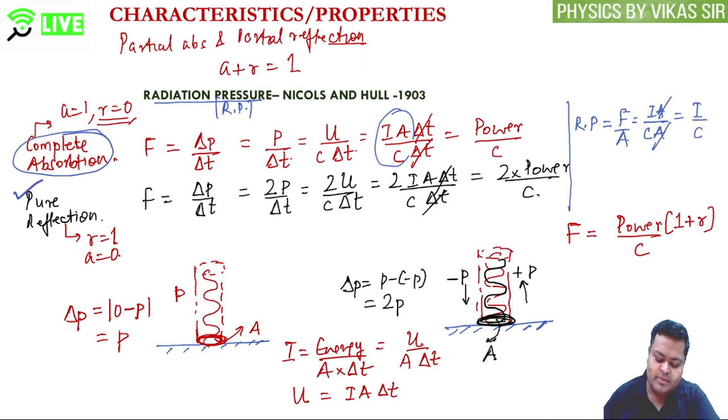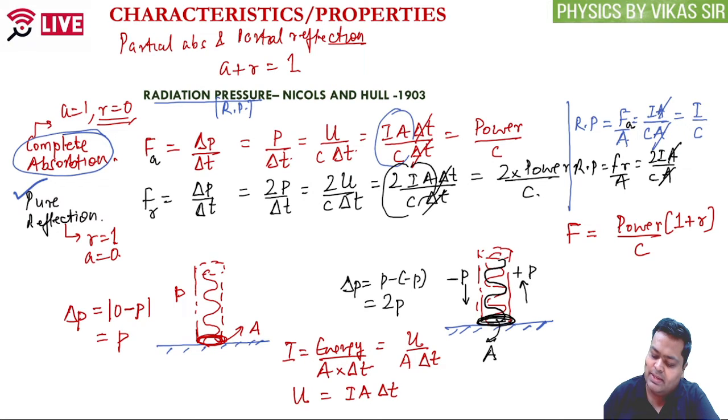And if I'm looking for the case of the pure reflection, in that case, my result over here is going to change. And the result over here is going to become equal to the expression force upon area से ही आएगा. पर ये फोर्स कौन सी है, एब्जॉर्ब्ड वाली, ये कौन सी है, रिफ्लेक्टेड वाली. ये एब्जॉर्ब्ड फोर्स थी, ये कौन सी है, रिफ्लेक्टेड फोर्स upon area. So that's simply twice of IA upon C and divided by the area.